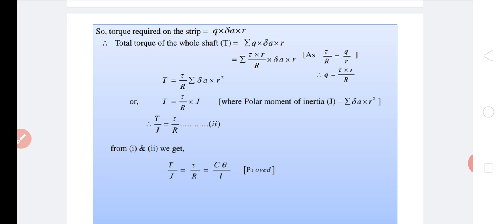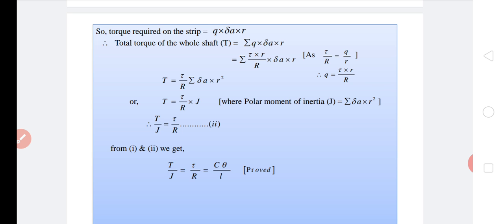Now, for easy solving, we can write the summation of q into del A into r using tau by R equals small q upon small r.